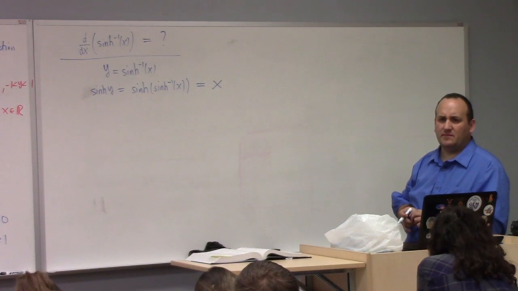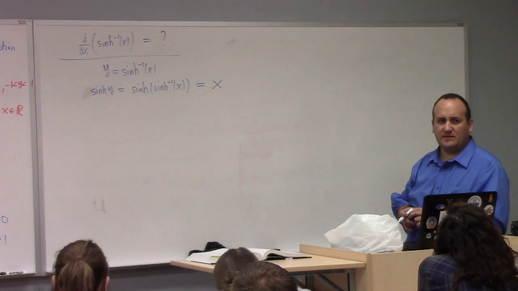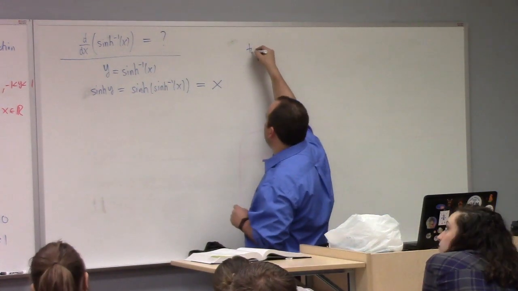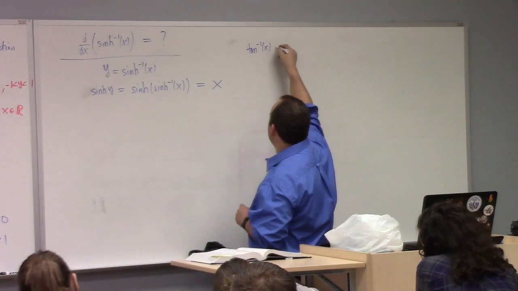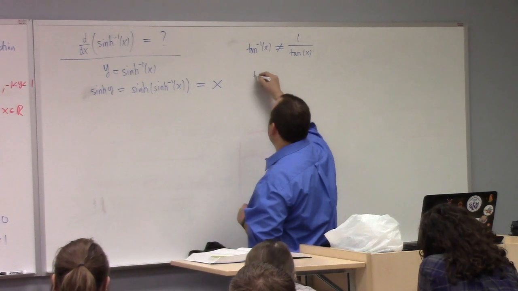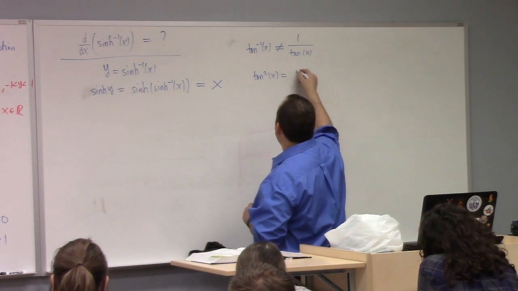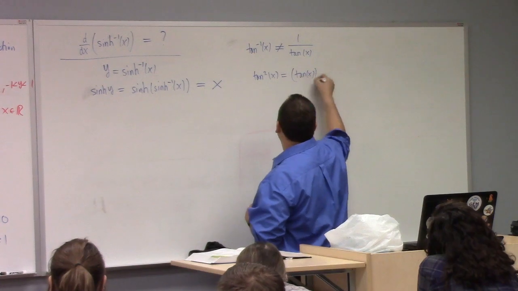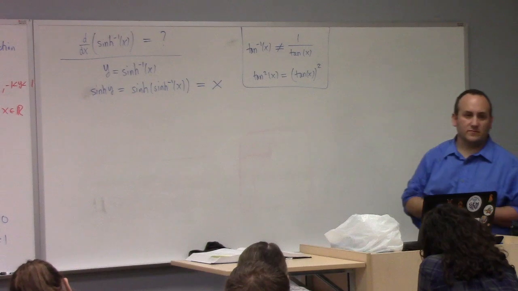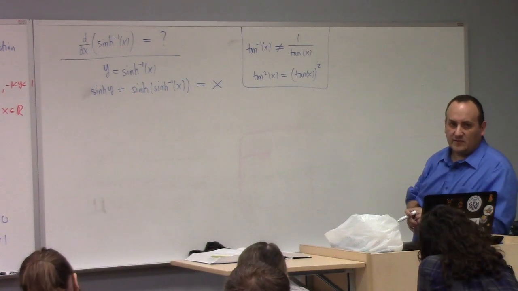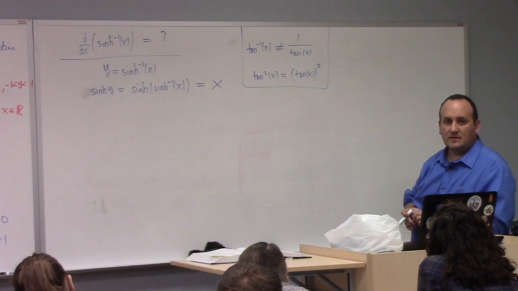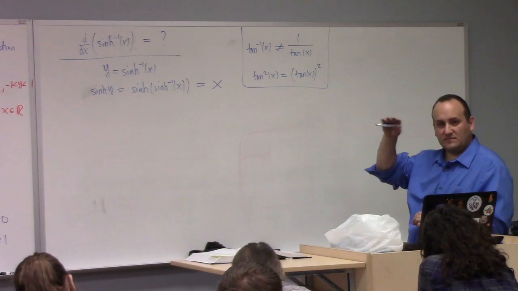You know, it's annoying, but this notation is a little bit dangerous. Inverse tangent is not equal to 1 over tangent. Yet tangent squared is equal to the tangent of x squared. I always try to stop and mention that at some point, because it's an important distinction to make. This notation is not quite consistent.